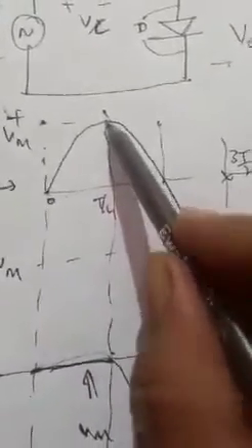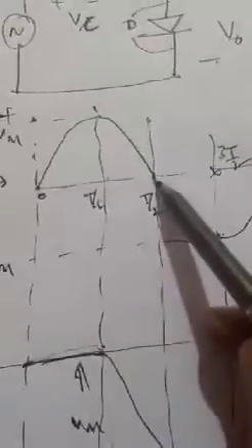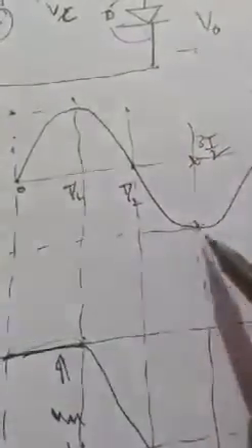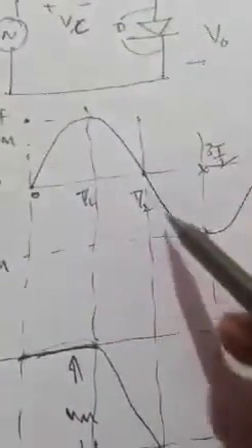Let us see when the input goes from T by 4 to T by 2 or 3T by 2. It is going downward from plus Vm to minus Vm.